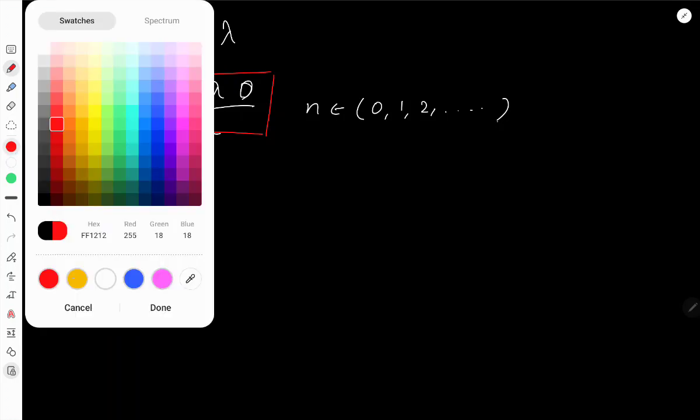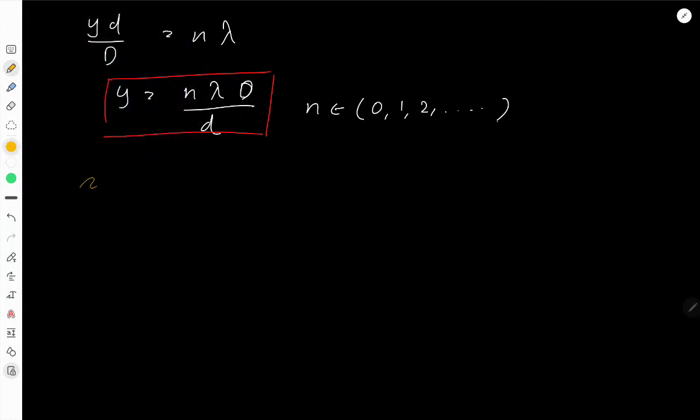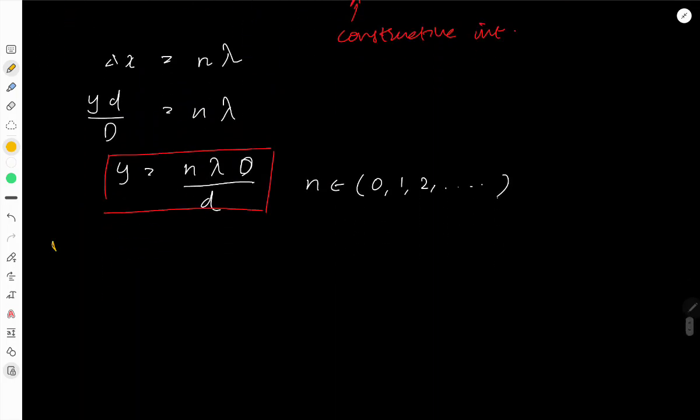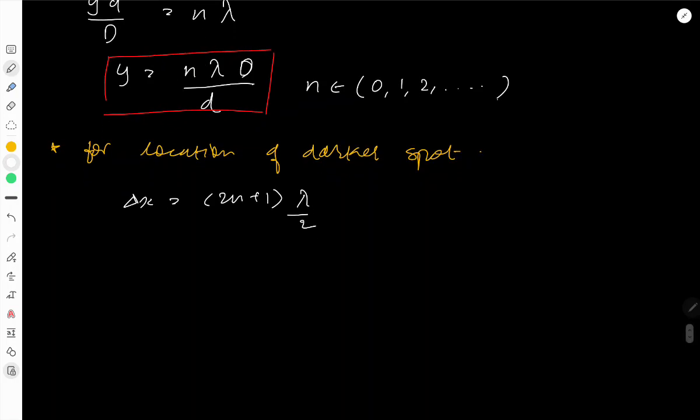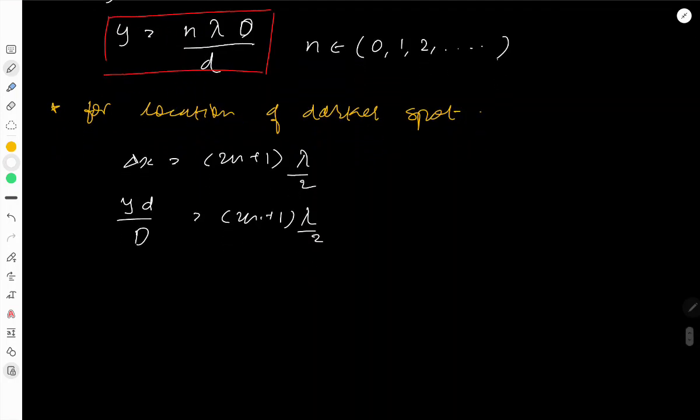Now if they ask us about the dark spot, then the path difference must be an odd multiple of lambda by 2, that is yd by D must be (2n plus 1) lambda by 2.